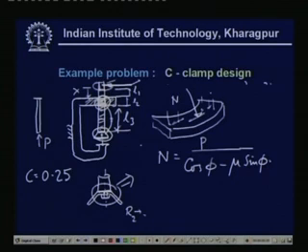So the contribution of this term is very small, and if phi is very small, then cosine phi is almost equal to 1. So, this is very much equal to P. Now, this normal force acts uniformly over the thread, so it develops what is known as the bearing pressure on the thread. Let us look at the bearing pressure now.